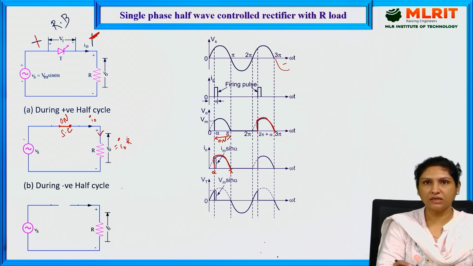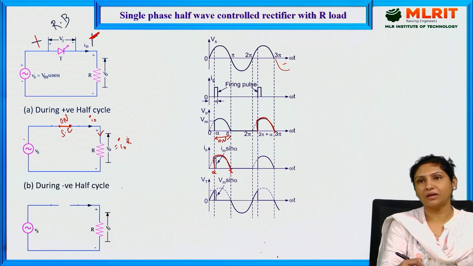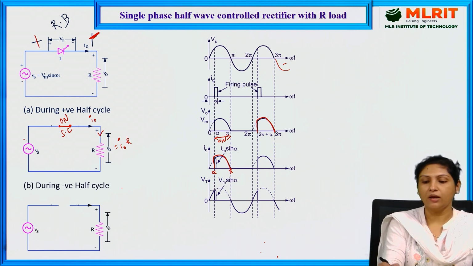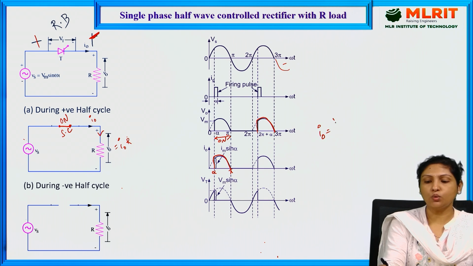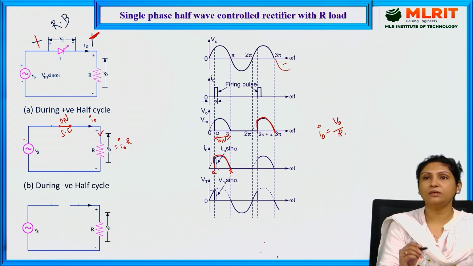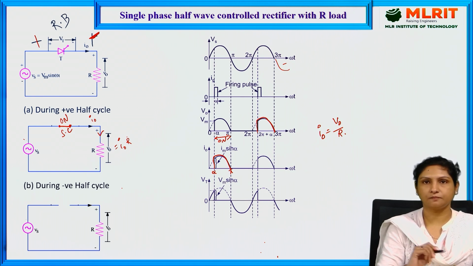If you see, the output voltage and output current waveforms will be one and the same because of the resistive load. Since I0 is equal to V0 by R, the shape of the output current is just similar to that of the output voltage.